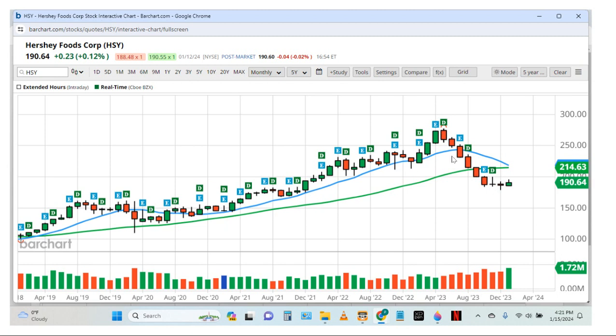And if they had to use credit, that affected their business. So I think that's what you're seeing here. You're possibly seeing a bottom in Hershey's and other companies within the sector. If that can turn up, I like some of these large consumer staple food companies. So that's another one to watch for 2024.